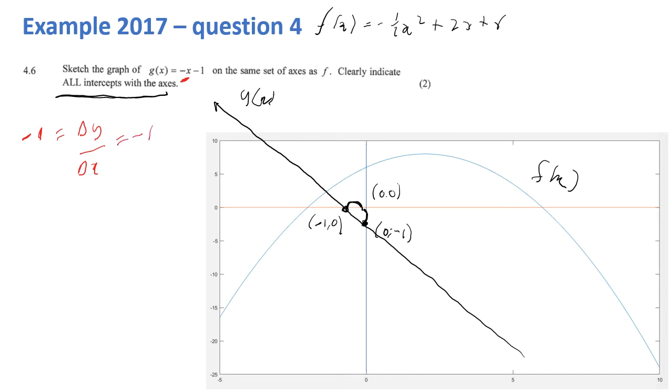So if I took one step in the positive y direction, I had to take one step in the negative x direction. So that gives me a -1. And I think that's quite easy for 2 marks.